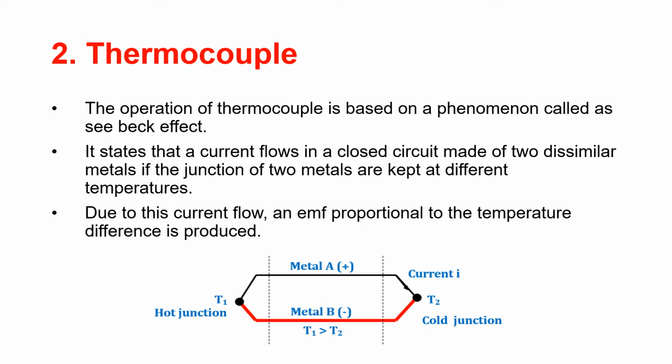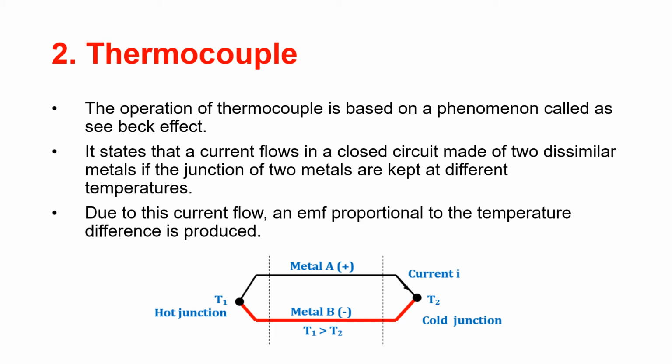Just connect two dissimilar metals with each other, and if the two junctions are kept at different temperatures, then current will flow through that closed circuit. Due to this current flow, an EMF is produced, and this EMF is proportional to the temperature difference.